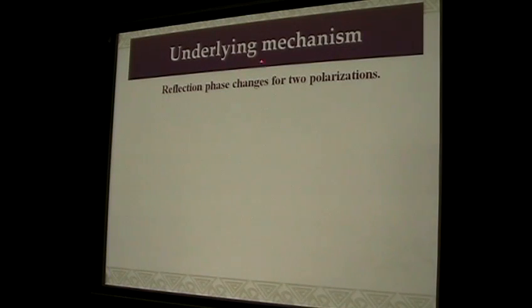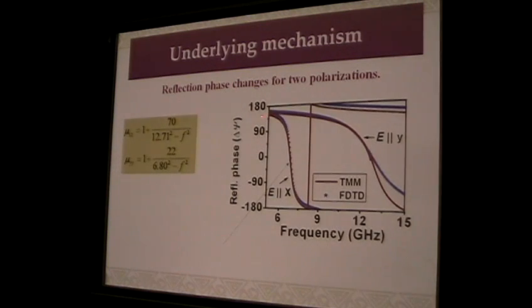So what is the underlying mechanism? I already told you that for this kind of double-layer system, the reflection phase is quite unusual. Because of the anisotropy, at these two frequencies, for one polarization we have in-phase reflection, and simultaneously for the other polarization the incident wave has an out-of-phase reflection.